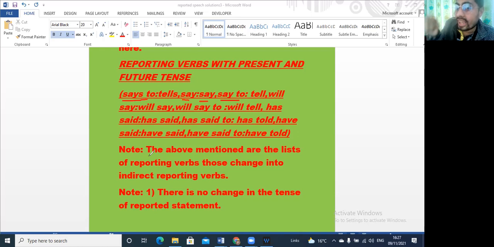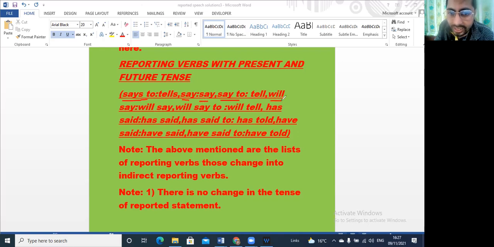We can only write tell when to infinitive is attached with say, just like says to tells, say to tell. Okay, says to tells, say to tell, and say remains same.